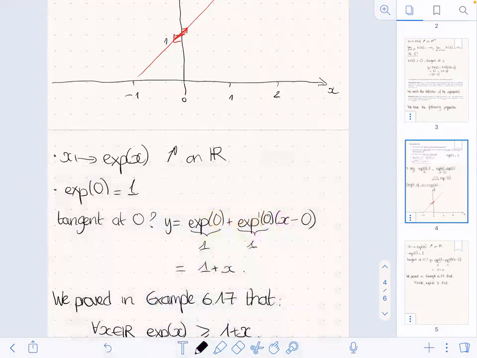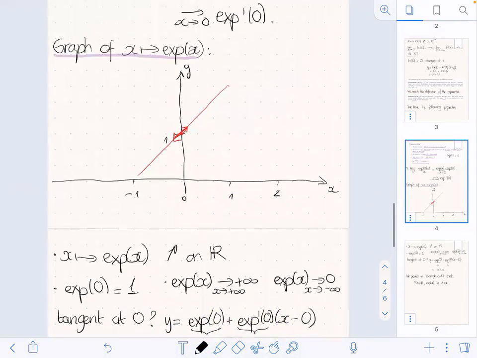And one final thing that we're going to use that's written in the properties above: the exponential function goes to plus infinity at plus infinity, and it goes to 0 at minus infinity. We could probably derive some further properties that would help us draw it, but we can get a rough idea of this curve right now.